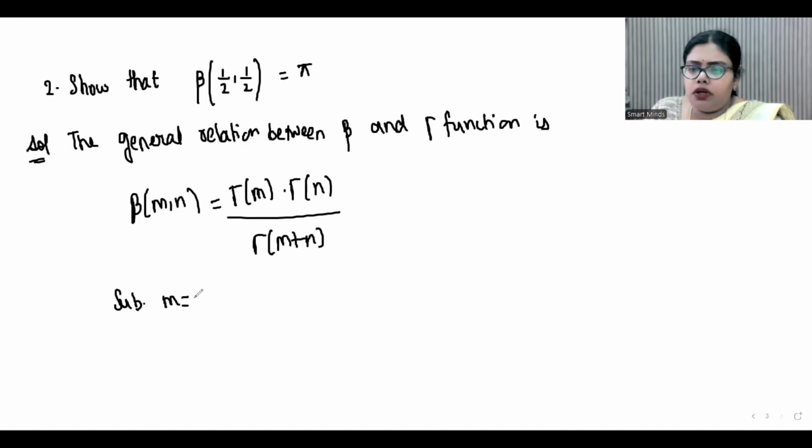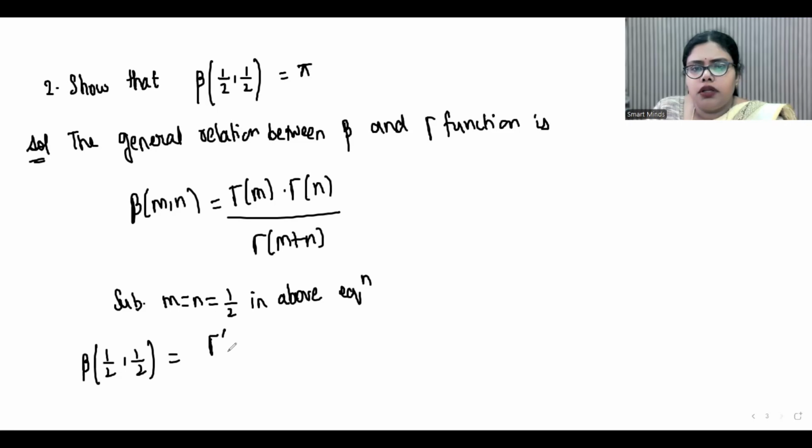Substituting m is equal to n is equal to 1 by 2 in the above equation. So beta of 1 by 2 comma 1 by 2 is equal to gamma of 1 by 2 into gamma of 1 by 2 by gamma of 1 by 2 plus 1 by 2.